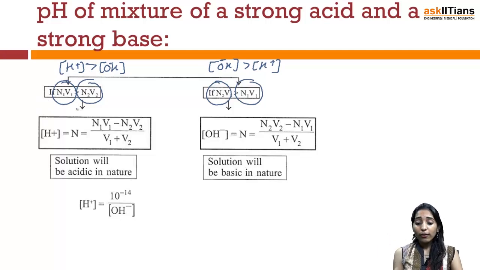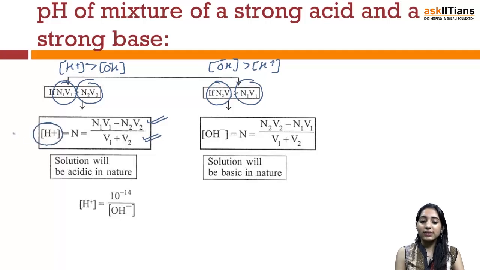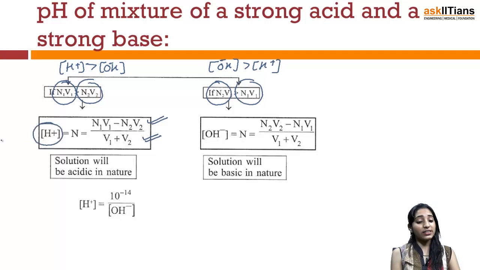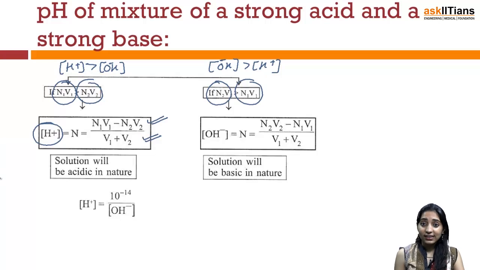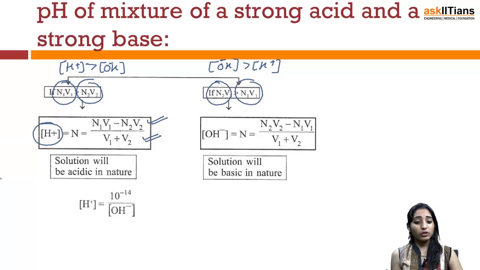So the left out amount of H positive will be nothing but N1 V1 minus N2 V2, and this will be divided by the total volume of solution. So I'll be able to calculate the total concentration of H positive in such a solution. And since this solution has more H positive than OH minus, the solution will be acidic in nature.